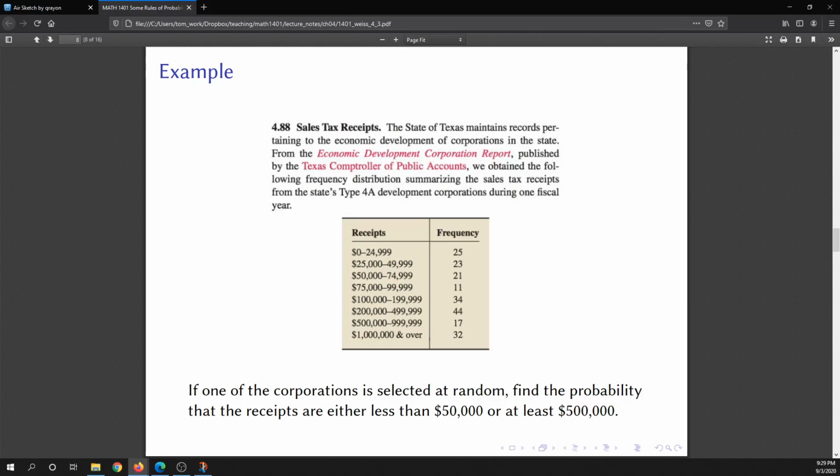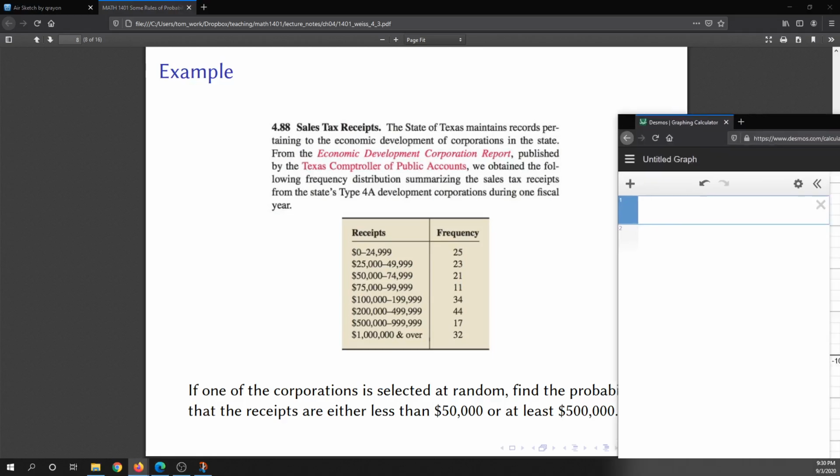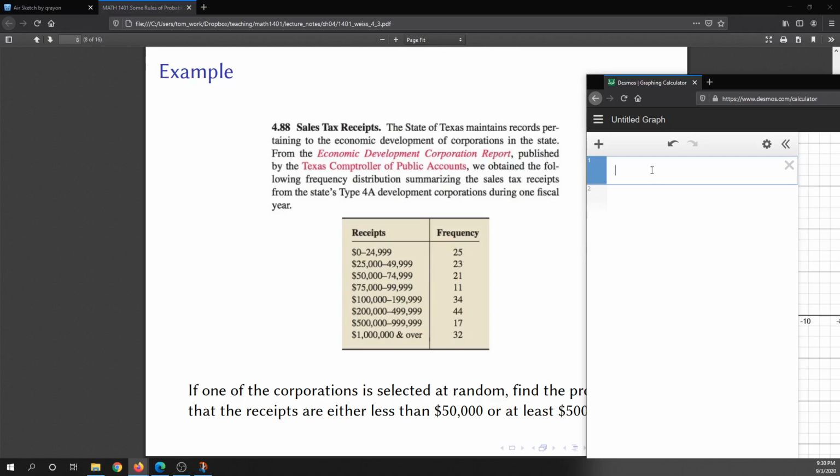All right, so let's see here. I'm just going to add these up off camera. Actually, I can do it here. It won't be too bad. So we're going to have to add all of these up: 25 plus 23 plus 21 plus 11 plus 34 plus 44 plus 17 plus 32.